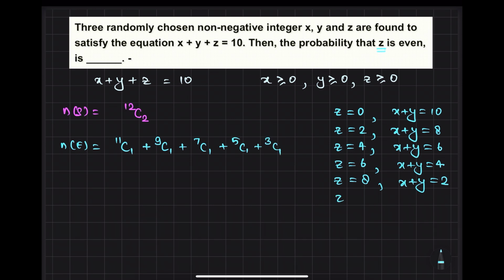Now suppose z is 10. X plus y equals 0. So 0 samosa will be distributed among 2 persons. You will ask for sticks. How many? 1 less than the number of persons, so that is 1. So it is 1C1. So this is your total number of favorable ways.